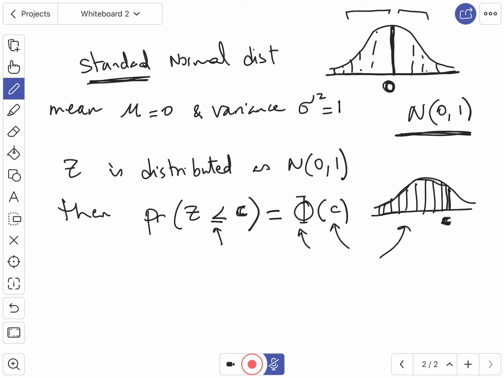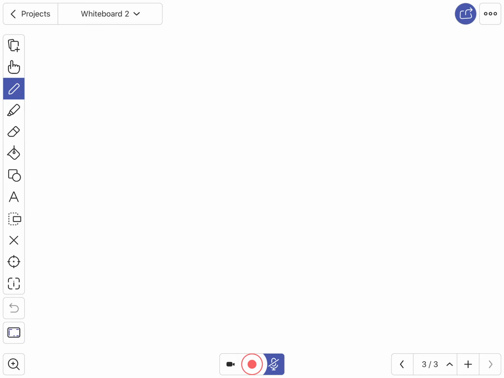So what do we mean by standardizing the variable? We need to standardize the variable to have a mean of 0 and a variance of 1. So let me give you this example. Suppose that y is distributed as normal but has a mean of 1, so the average is 1, and a variance of 4.